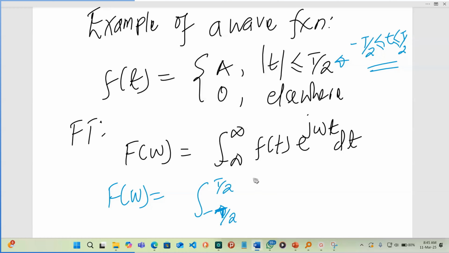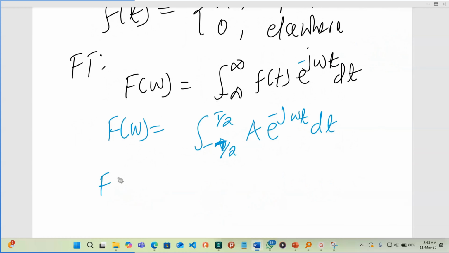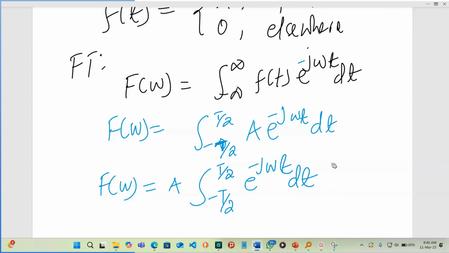So we are going to integrate from negative T over 2 to T over 2 of A, then exponential of negative j omega t with respect to t. So F omega will become A, then integrating from negative T over 2 to T over 2 of exponential negative j omega t with respect to t.